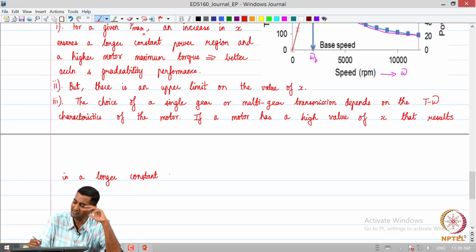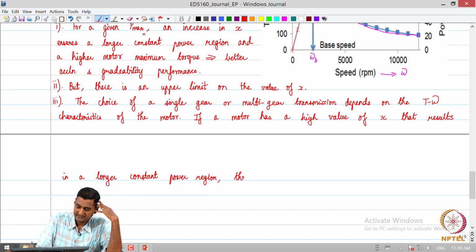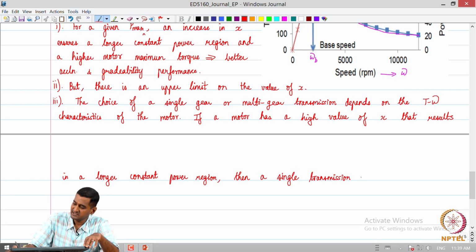Omega b reducing means the base speed reducing, which means we are going to have a longer constant power region. Then a single transmission may be sufficient. So, that is one important point to note. Okay.